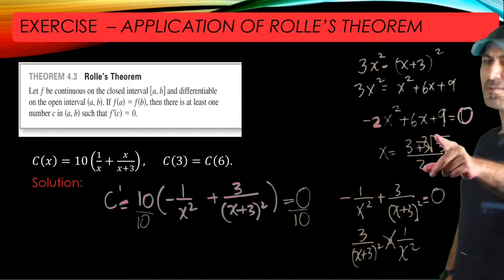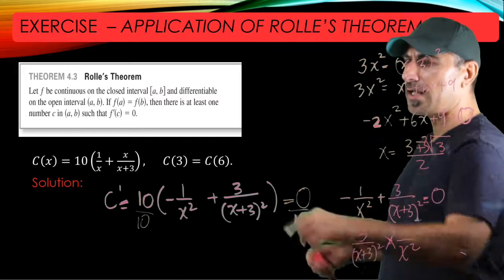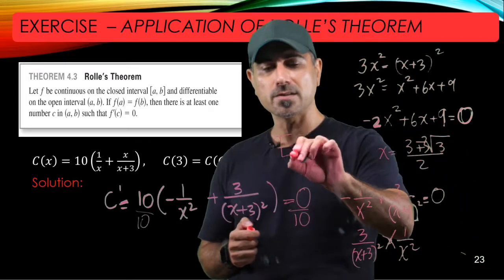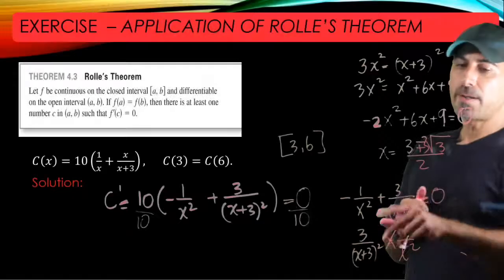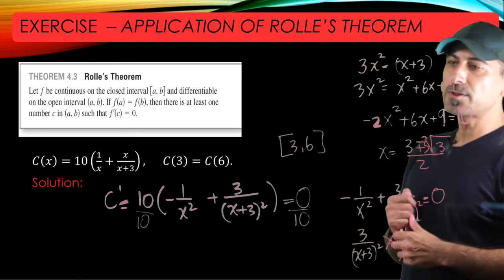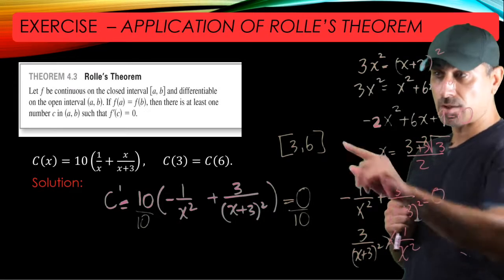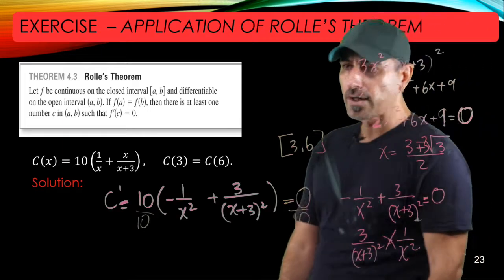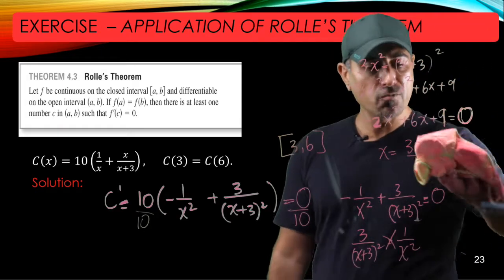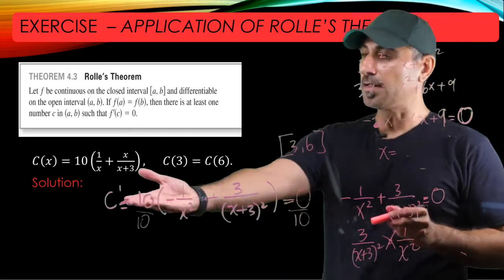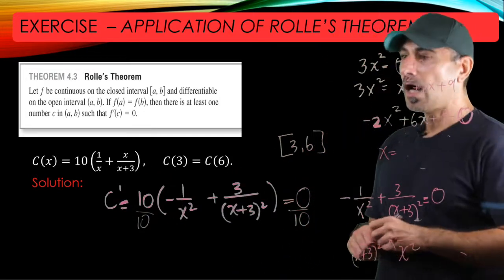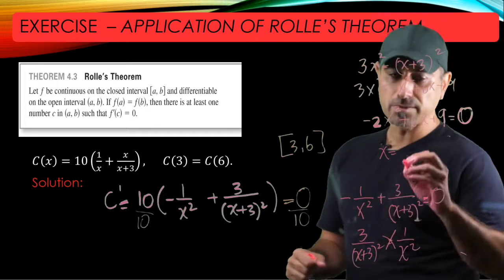While the minus version is not going to fit in the interval 3, 6 because it's going to be negative, you can even use your calculator. But 3 plus 3 root 3 over 2 is going to be in this interval. So I'm going to go ahead and write down that I have only one solution, x, that makes the cost function's derivative 0.